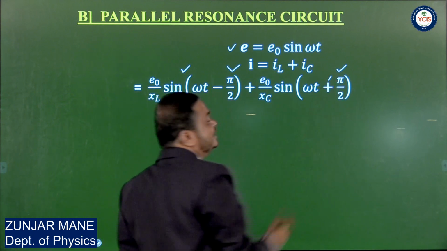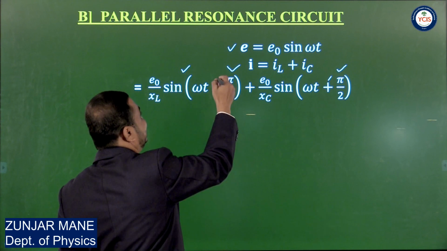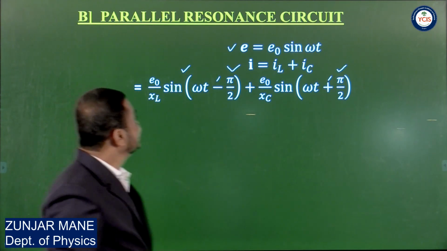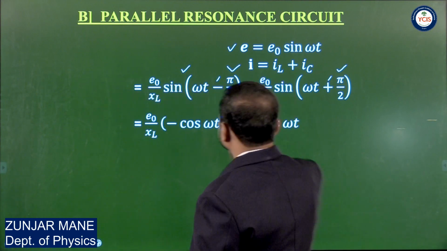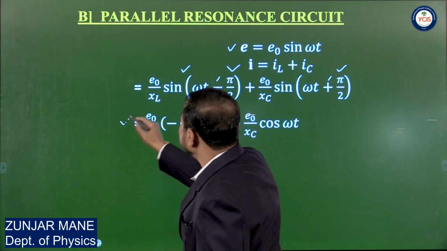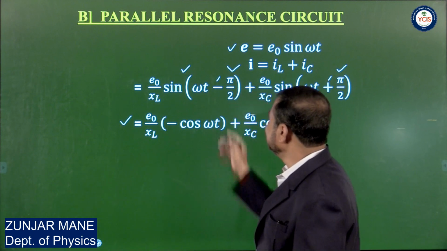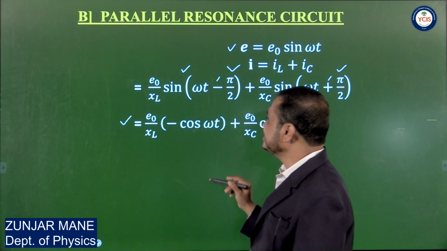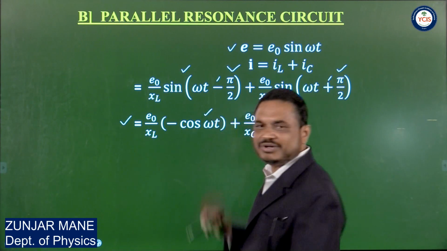Here the capacitor term is positive, and here the current lags behind the voltage, therefore there is a minus pi by 2. Now if we simplify this, we have E0 upon XL sin (omega t minus pi by 2), that is minus cos omega t.